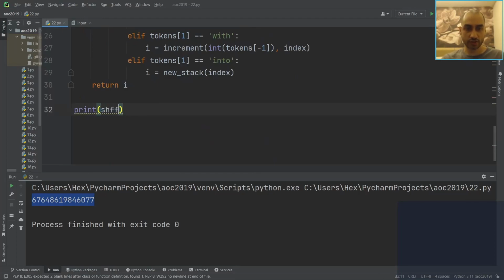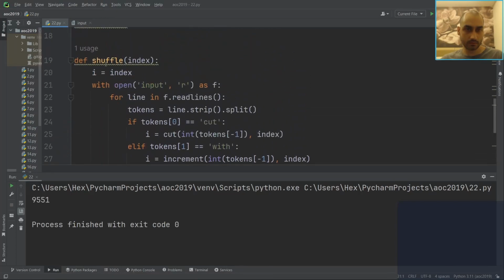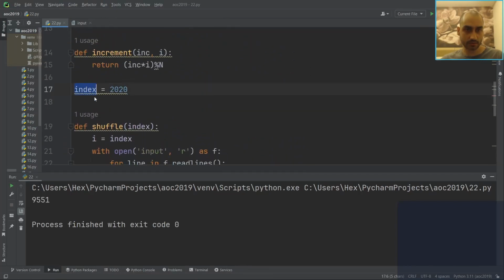So here is shuffle 2020. Hang on, I got a different number. Index equals 2020.